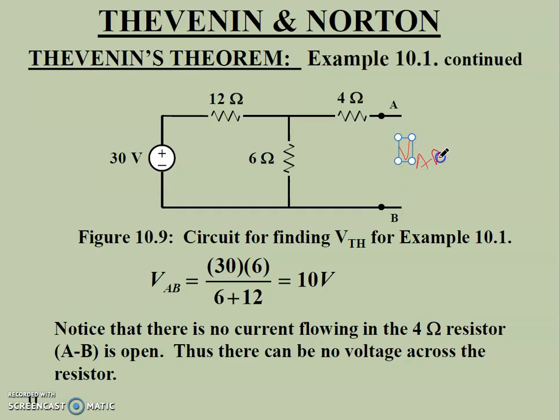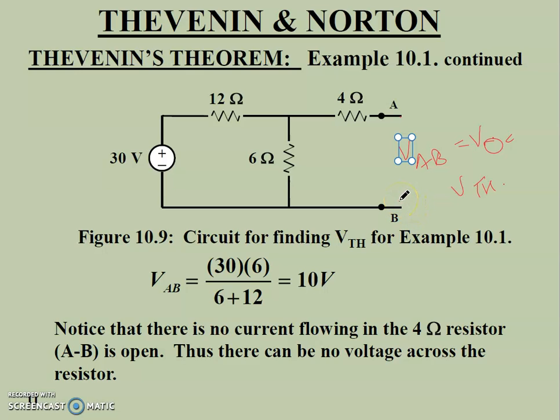VAB is VOC, or it is also known as VTH. To calculate the VTH, we have to measure the open circuit voltage across these two terminals. For that, we can place a voltmeter at these two points, and whatever voltage is read by the voltmeter will be the open circuit voltage.